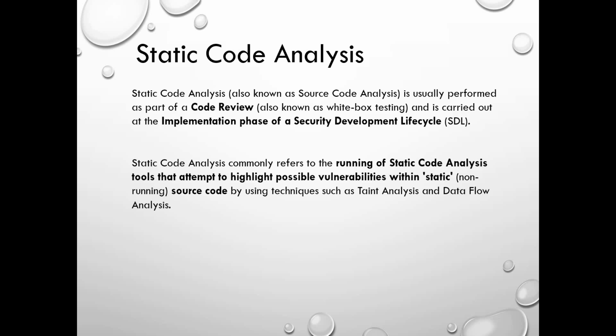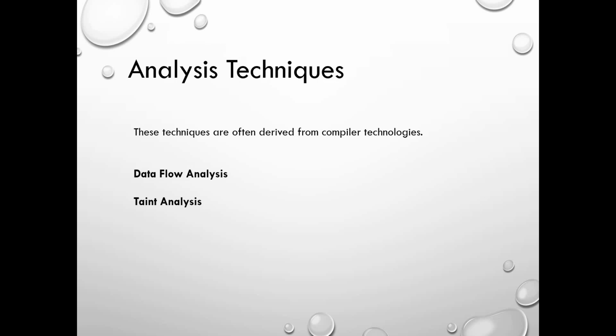There are a few techniques that we need to know. If you are trying to analyze the source code, there's one mechanism called taint analysis and another called data flow analysis. These techniques are often derived from compiler technologies.